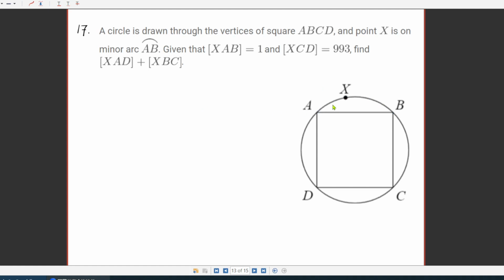Given that the area of XAB is 1, and the area of XCD is 993, can you find the area of XAD plus XBC?